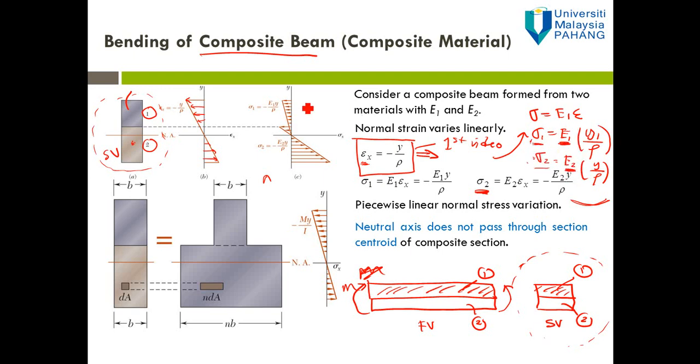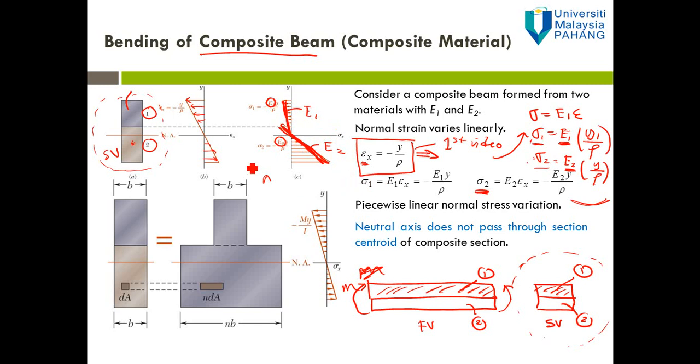That's why material 1 and material 2 have different slopes. This is the slope for material 1, this is the slope for material 2. So this is E2, this is E1. You can see different slopes because the value of E for material 1 and material 2 is different.